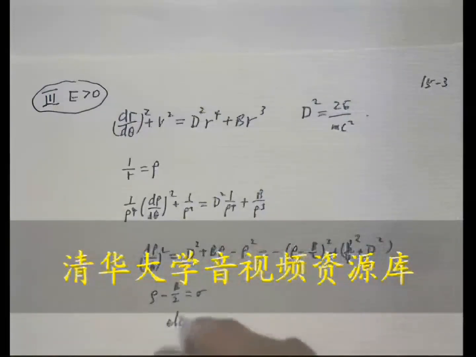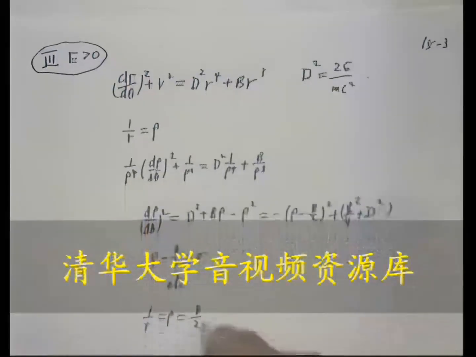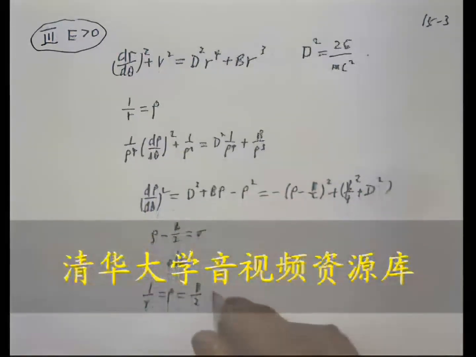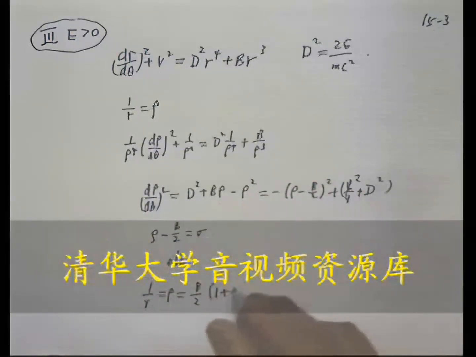This is all the same, and we eventually get 1 over r equal to rho equal to b over 2 times 1 plus e sine phi.